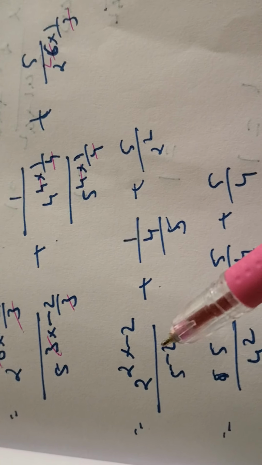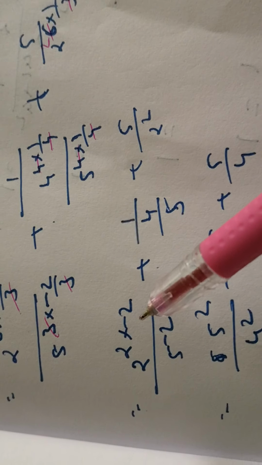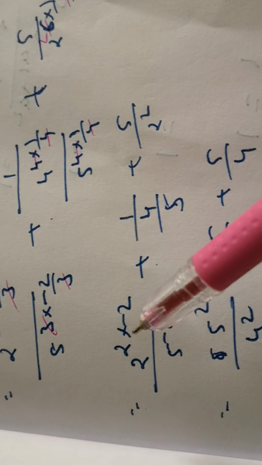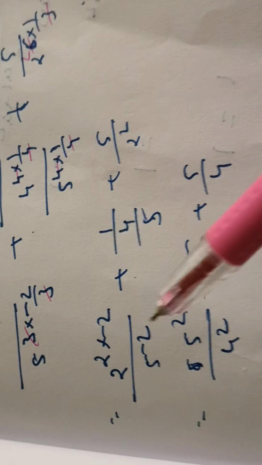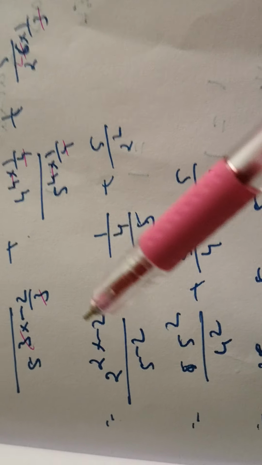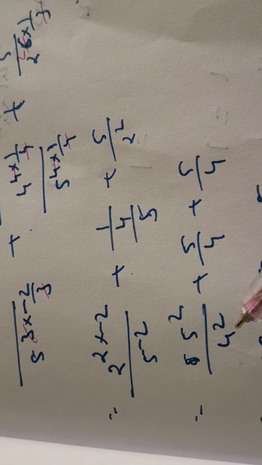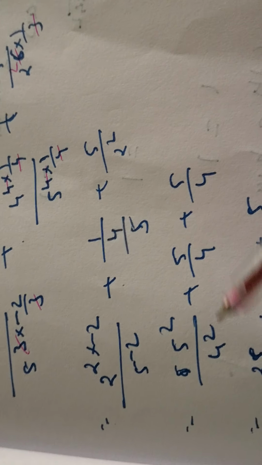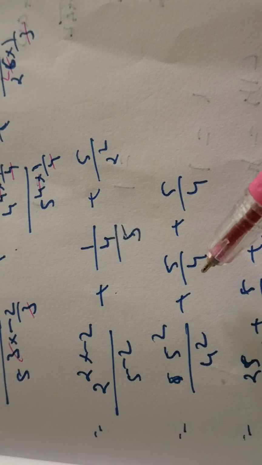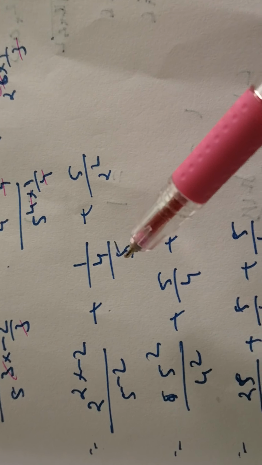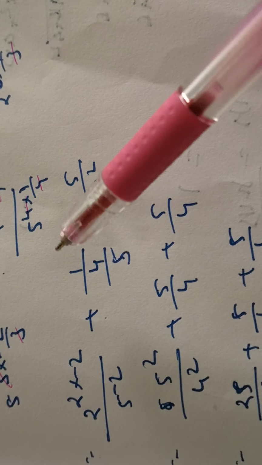So making this power, minus into plus, 2 goes down and 5 comes up. So it becomes 5 square upon 4 square, plus 5 upon 4. I have just denominator, do not have any numerator, so 5 goes up.